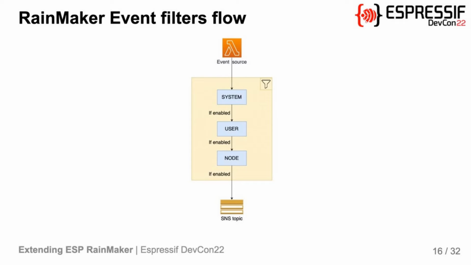And at the node level you can choose whether you want it or want to disable it for that particular node. So in case your event processing framework doesn't require node connected, you can disable them at system level. This is the infrastructure that Rainmaker provides so that you can choose which events you want and which you don't.